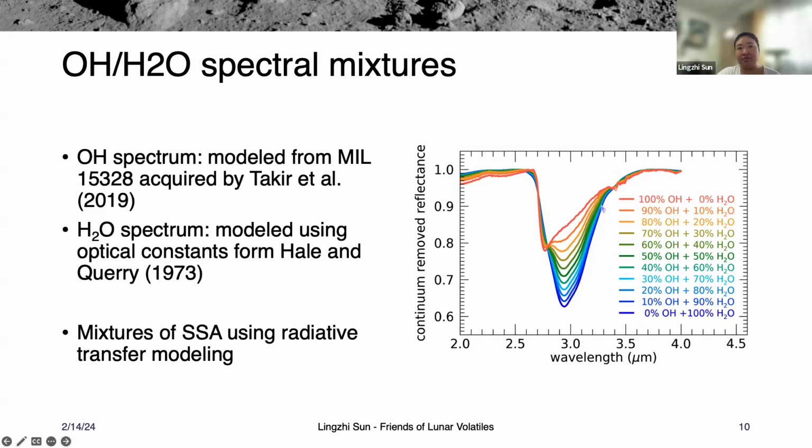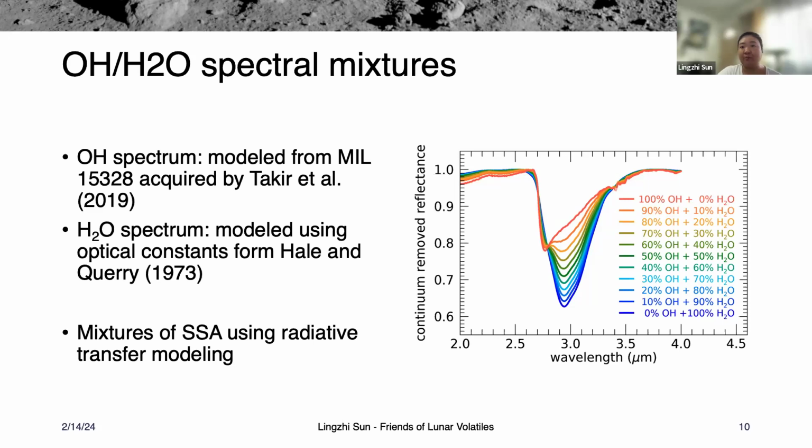For OH, it's from this Takir work. They measured the infrared spectra of this meteorite, and there is zero 6-micron absorption feature, meaning there's no molecular water in this meteorite.